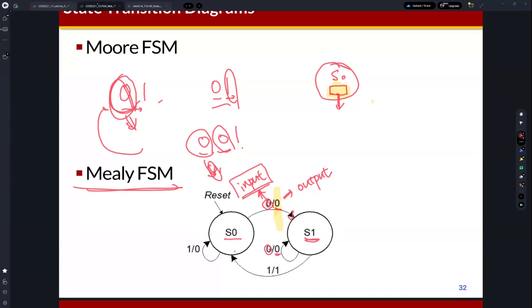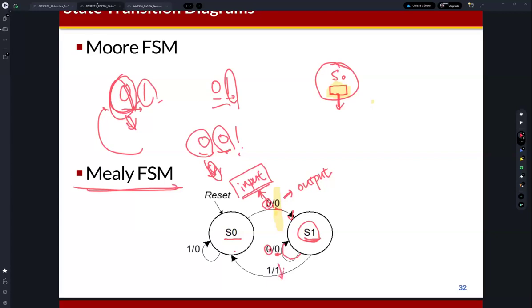In the Mealy FSM, output is determined on the arc, right? But it goes to S1 again, like 0, 0, 1. But if the next input is 1, then output becomes 1, because 0, 1 is detected.